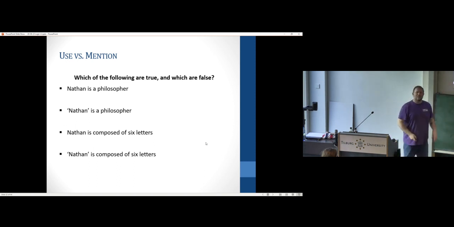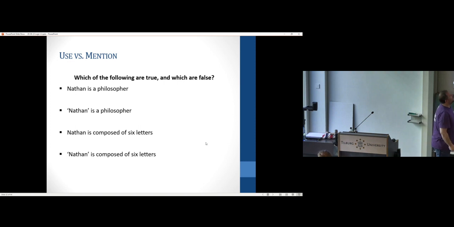Nathan is a philosopher. Nathan is composed of 6 letters. And Nathan is composed of 6 letters. What do you think? Is our first one true? Pretty plausible. How about our second one? Interesting. How about our third one? And the fourth one?